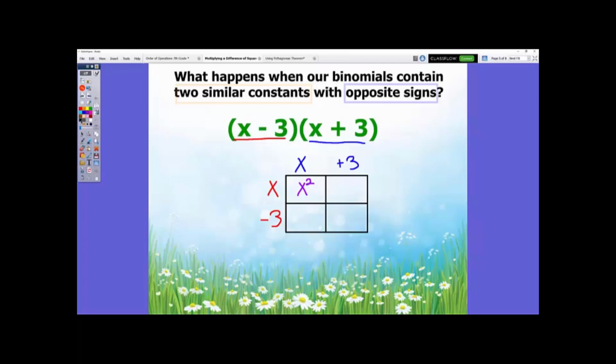Then -3 times positive x gives us -3x. In the top right box, x times +3 is +3x. And -3 times +3 gives us -9.